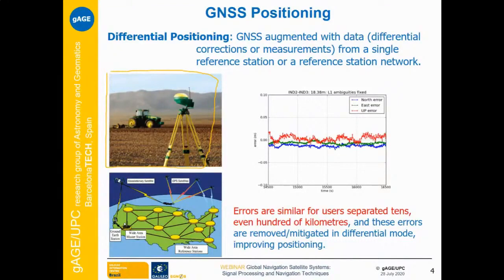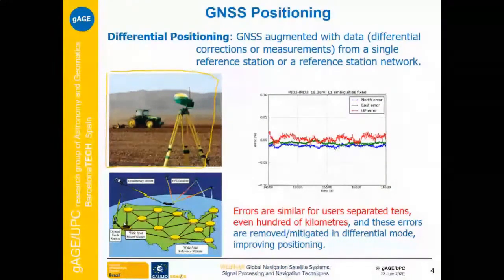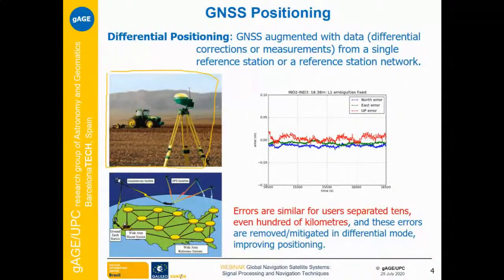We have a receiver that is on board a mobile tractor that is moving, and then we have a reference station nearby which is sending the measurements, and then we can perform this differential positioning. The idea is that we need more than one receiver. Of course, we can have multiple receivers. We can have a network of receivers distributed to cover one continent. As we will see during the lecture, we can have a very good accuracy.